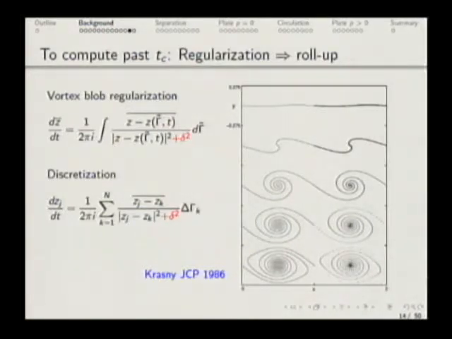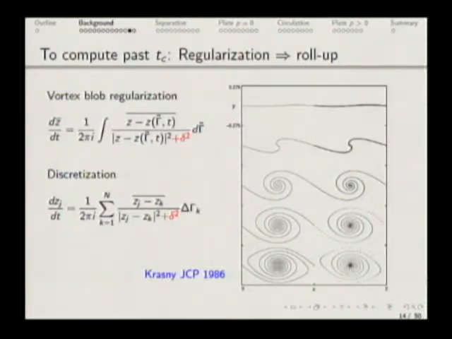I don't need a principal value integral. I can discretize this, and one can show that solutions to these equations exist for all times. And once you compute the equations with the regularized velocity, you can compute to all times the solution rolls up after the singularity has formed.